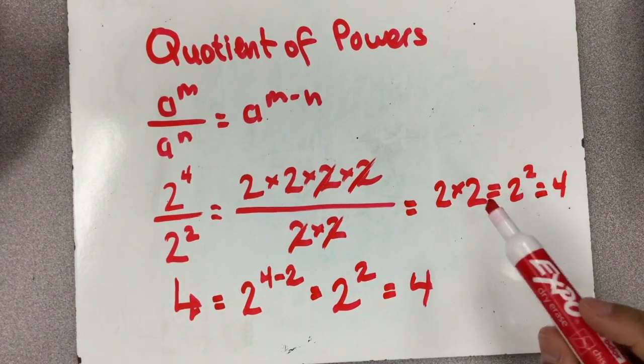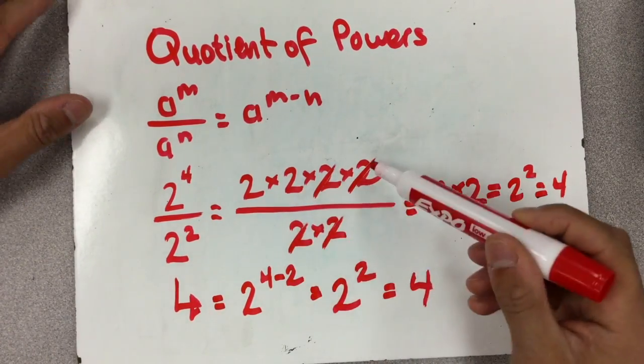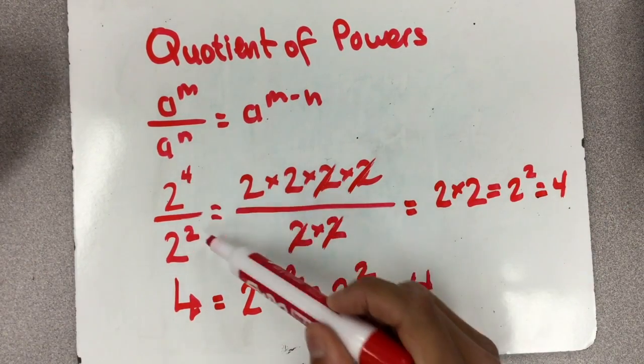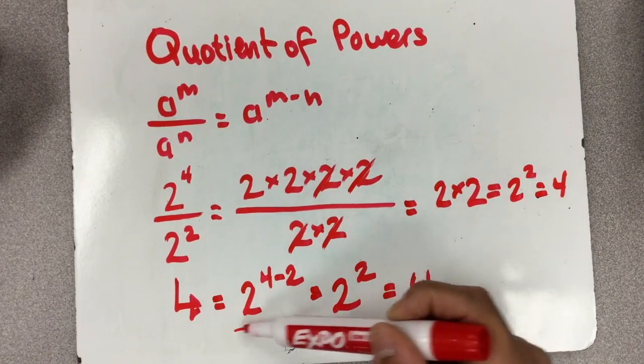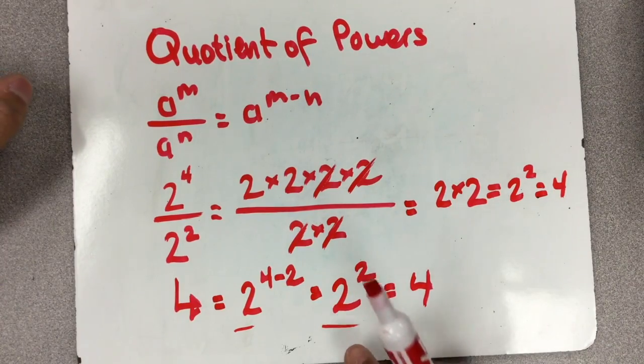So instead of writing out my repeated multiplication and canceling out the factors that can be canceled out, I can instead subtract my exponents as long as my base is the same. And that's what happened with the last problem too, with my product of powers: I had to have the same base.